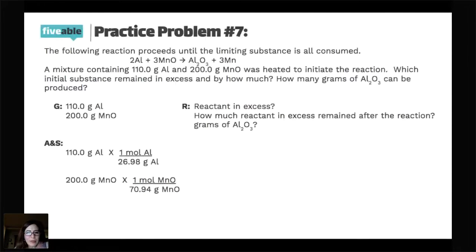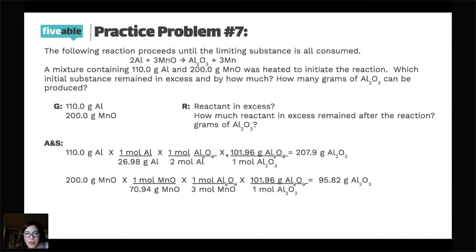Or you can do the process from grams of both reactants to the product that they're asking you. So that's what we're going to do. If we do this process, we are going to have two possible answers. And my best answer would be the smallest amount of product.